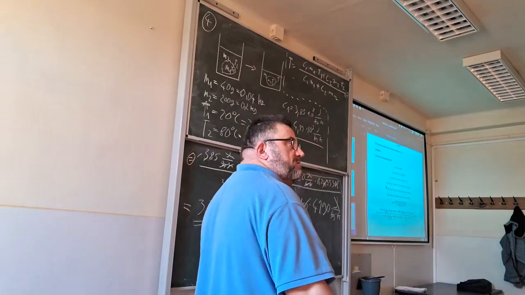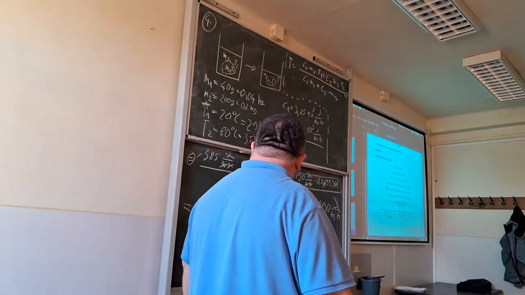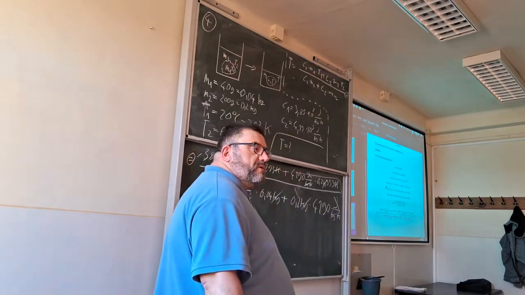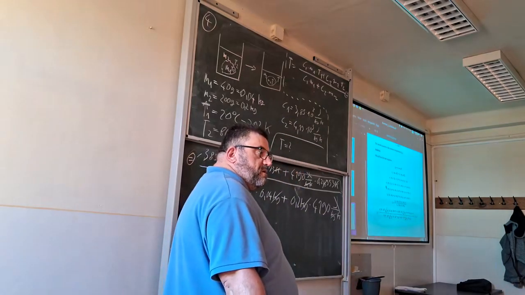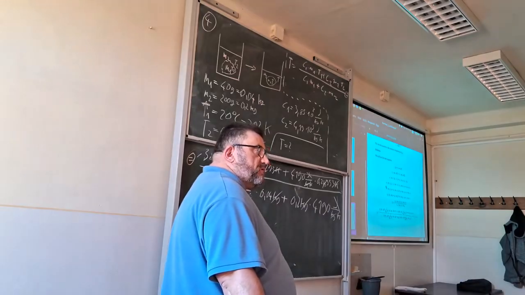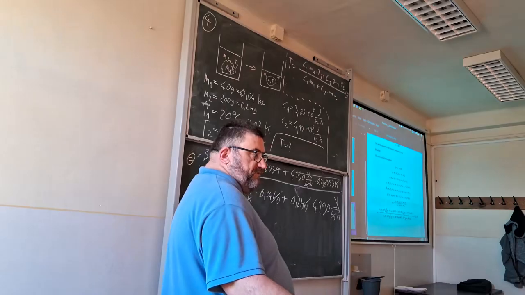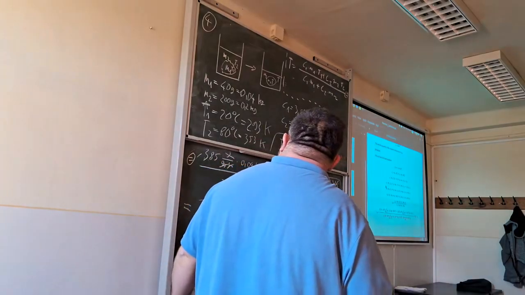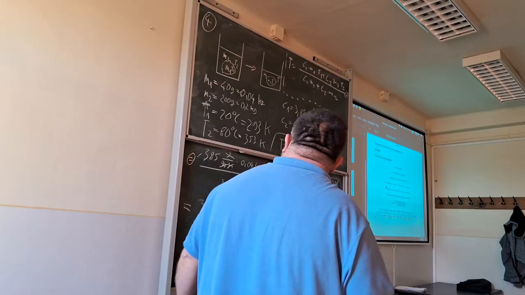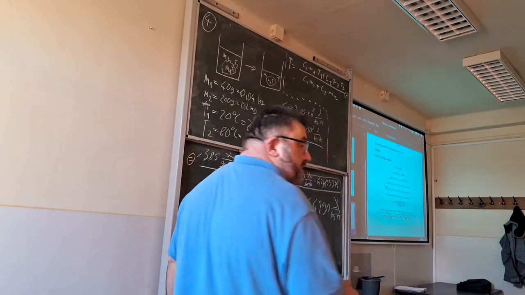No, 10 times higher, the water's specific heat coefficient than the copper's. Metal and water. That's one thing. The other thing is that we have 5 times more water than copper.